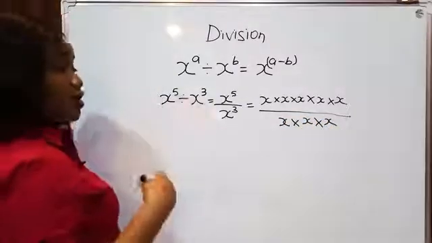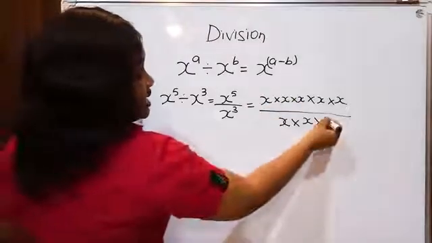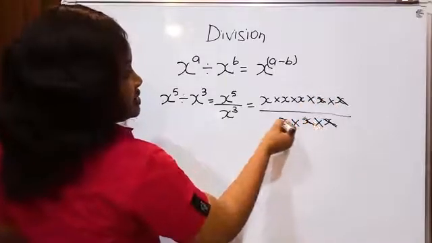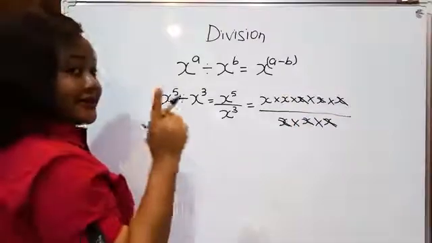Remember our normal division of common factors. X is the common factor, cancel it. This x is the common factor, cancel. This x is the common factor, cancel. So we have 2 x's remaining.